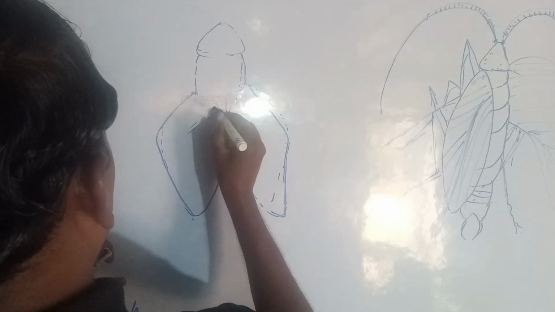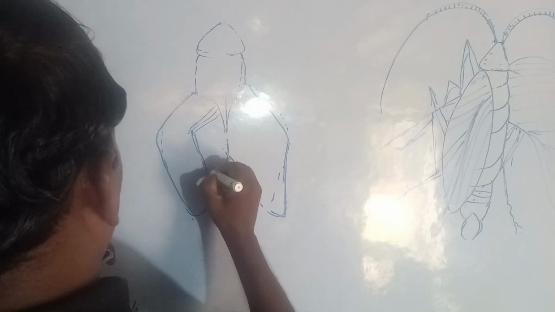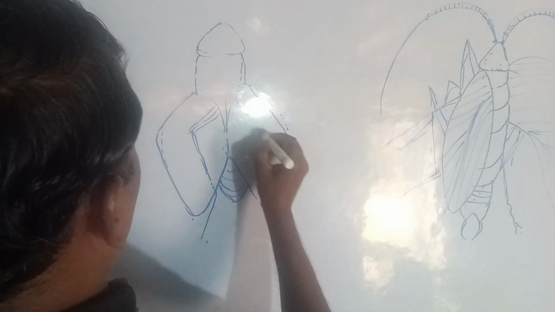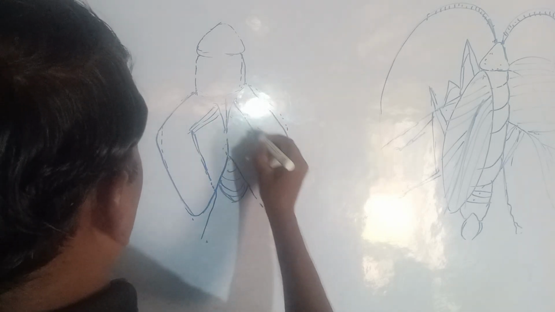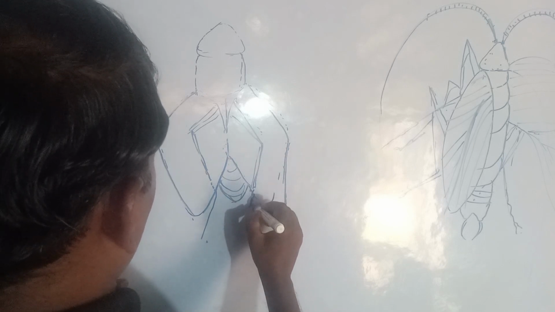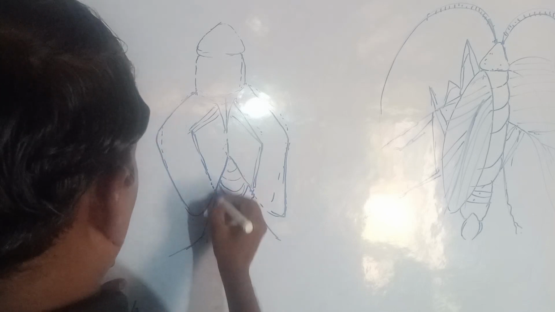Other leg structures can be seen here inside. This is the leg structure of Musca domestica that you can draw here and understand clearly.